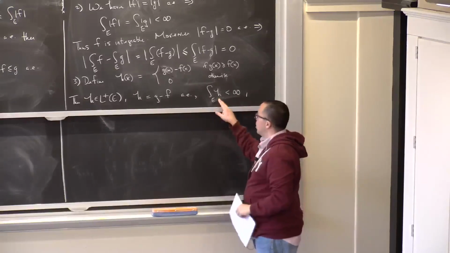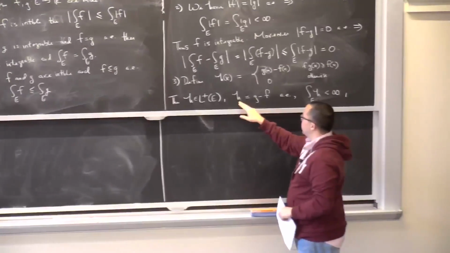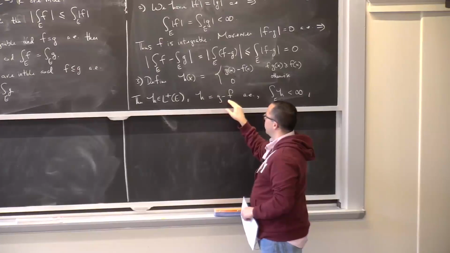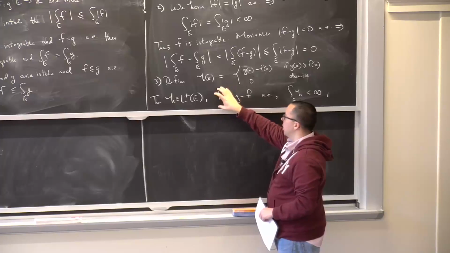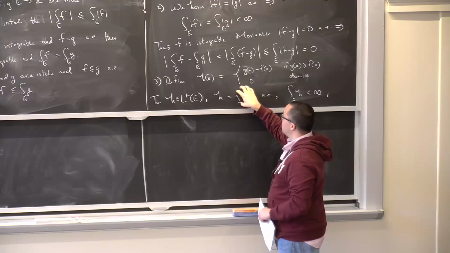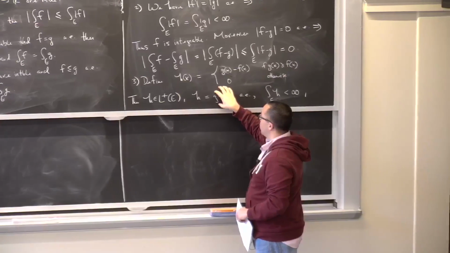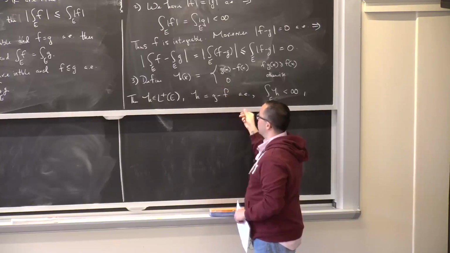Why am I also asserting that h is an integrable function? Well, the integral of the absolute value of h is equal to the difference of two integrable functions, which is integrable almost everywhere. And by what we did for part 2, that tells me h is integrable.